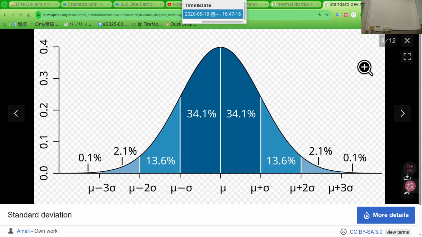This distance is 1 standard deviation, 2 standard deviations, but that is 1.96 over here. And the range here will cover 95% of the total population. Get it?